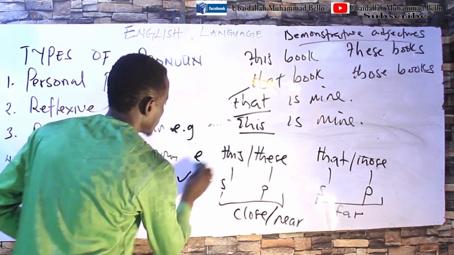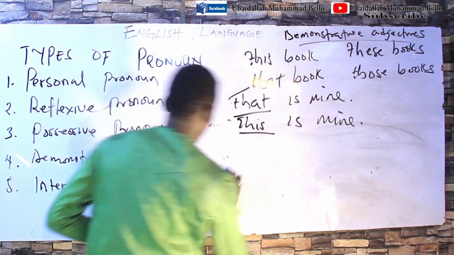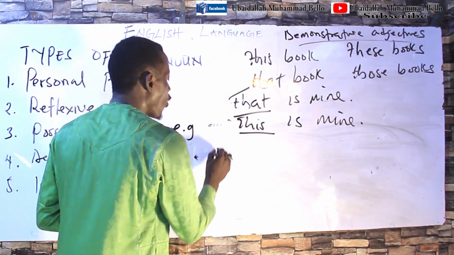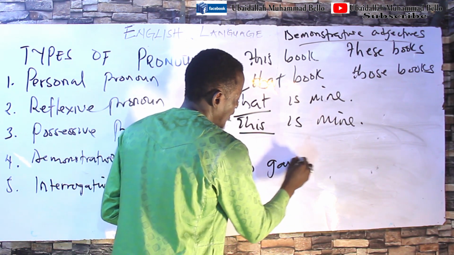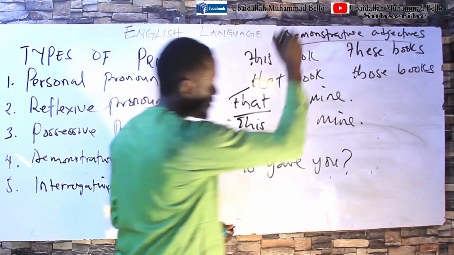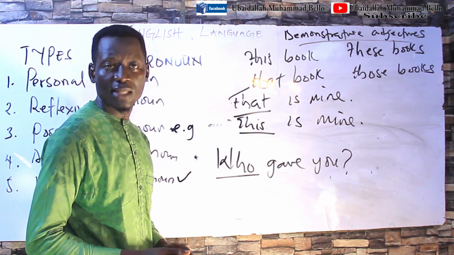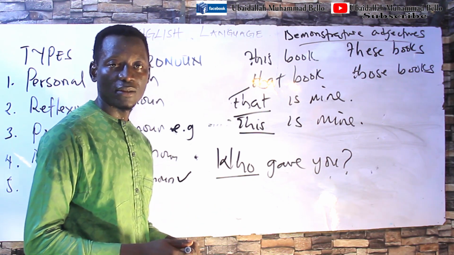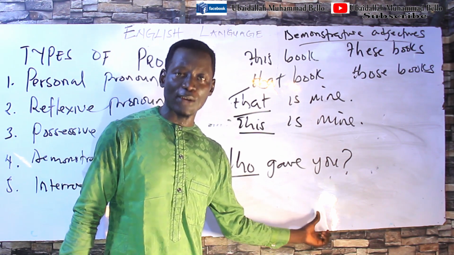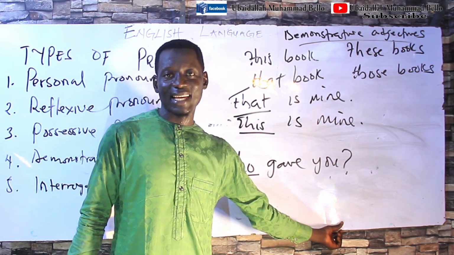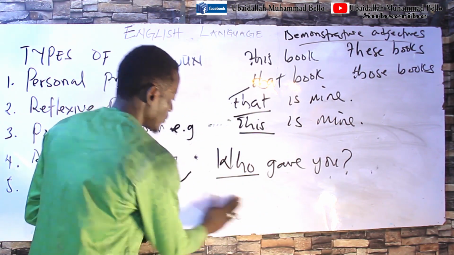Example: who gave you? Who gave you? Who here is a pronoun because it is used instead of a noun. And don't forget, this is an interrogative sentence because it asks a question or elicits a response from the audience. Okay?